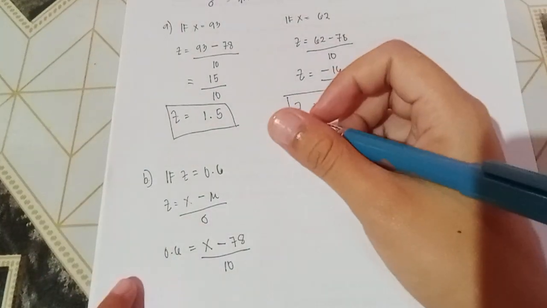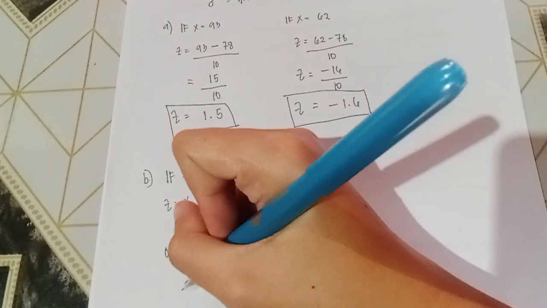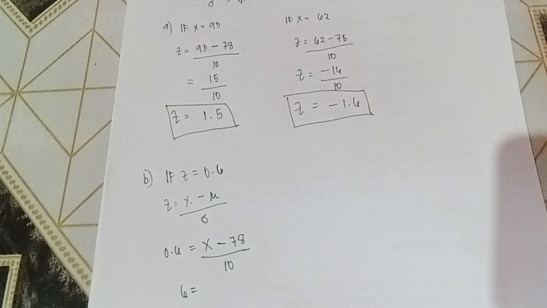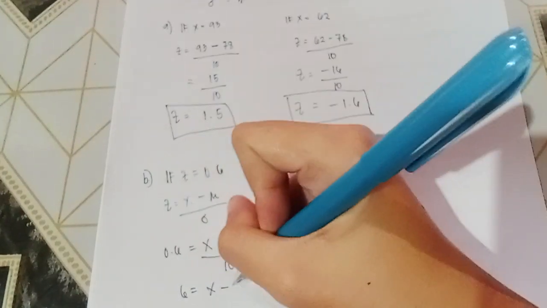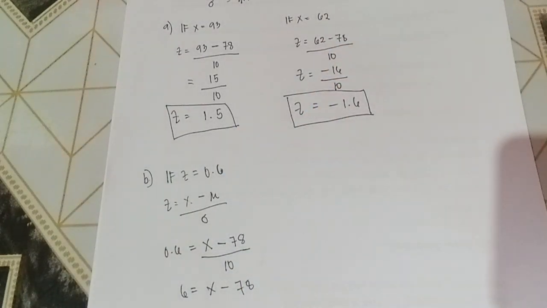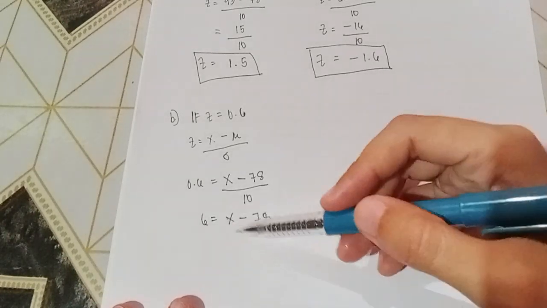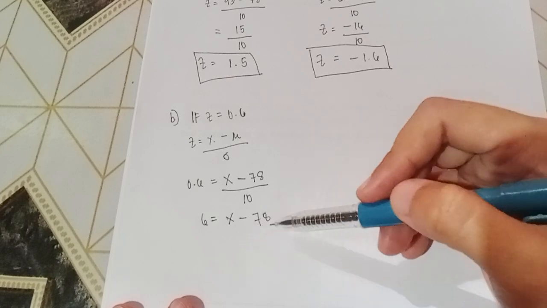So we cross multiply. 0.6 multiplied by 10 equals 6, which equals X minus 78.